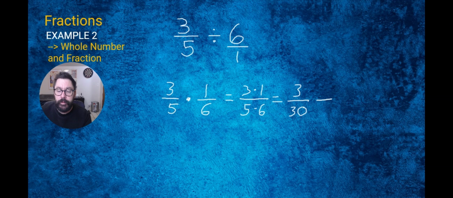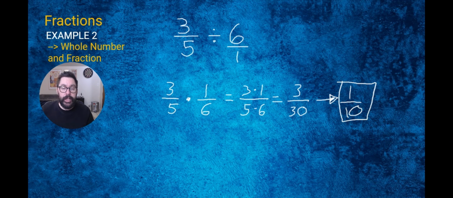So if we take 3 and divide it by 3, we get 1. If we take 30 and divide it by 3, we get 10. Okay, and we can say 3 over 5 divided by 6 is 1/10. So you have to add 6 1/10 times to get 3/5.